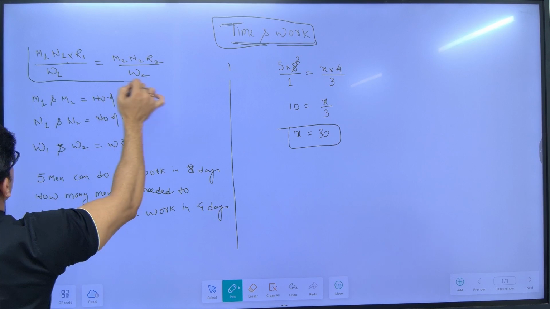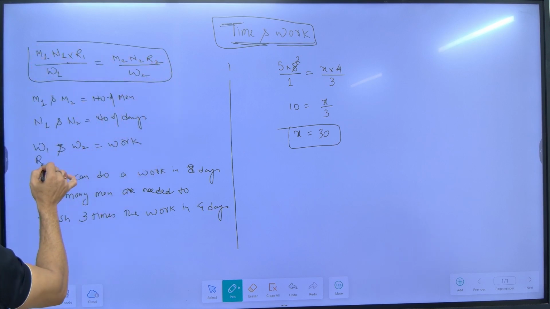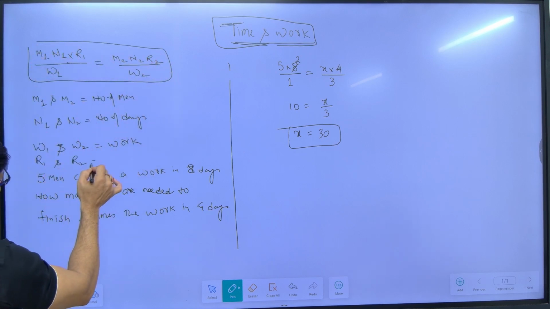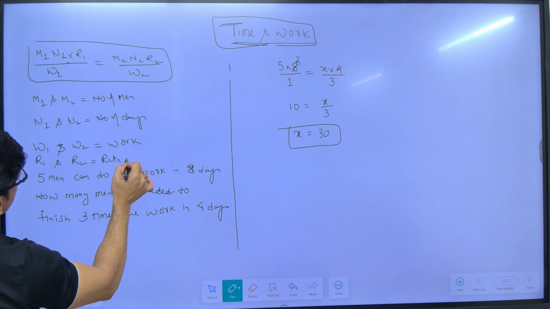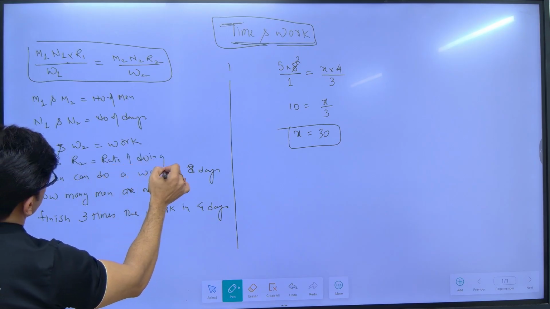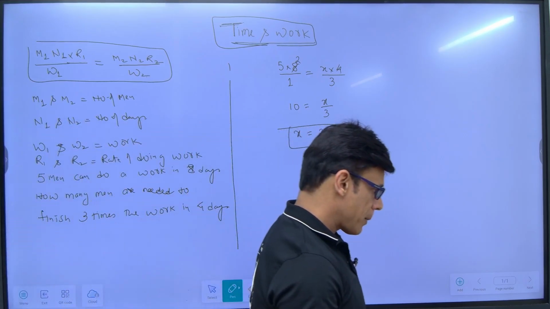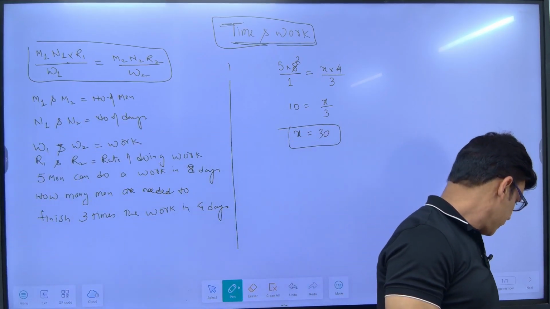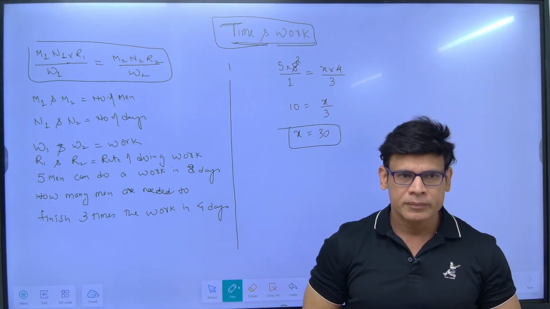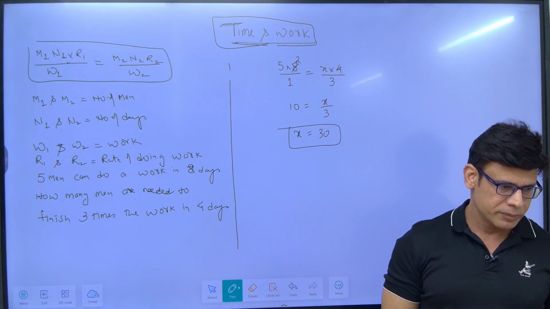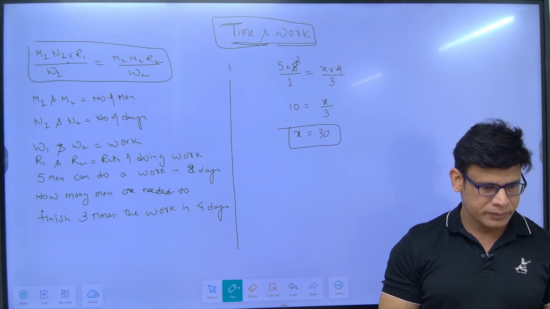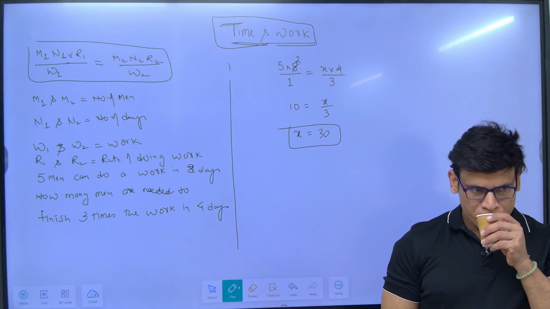Where R is nothing but efficiency. R1 and R2 are nothing but the rate of doing work. R is called rate of doing work. Understood? Output upon input.